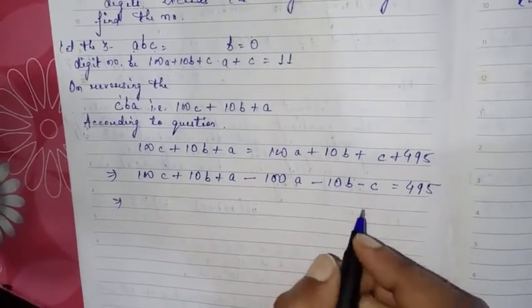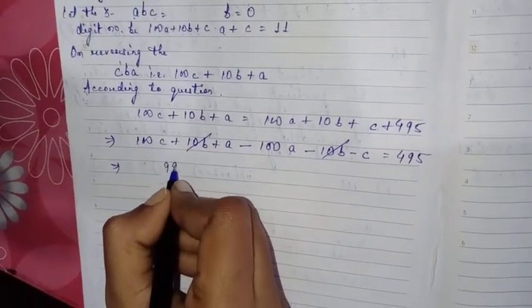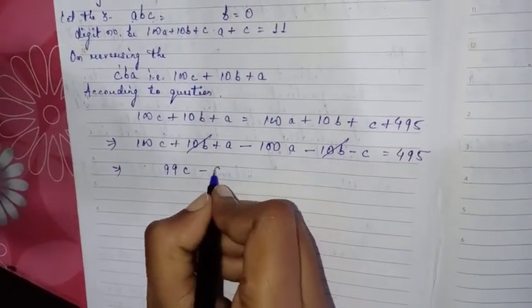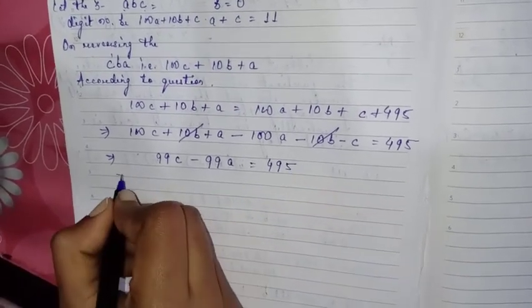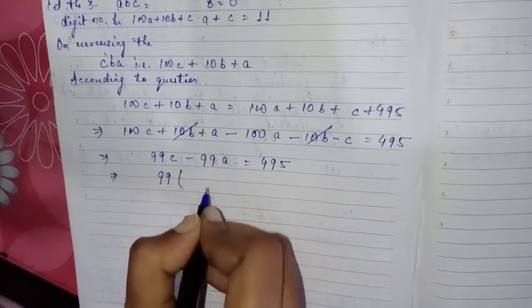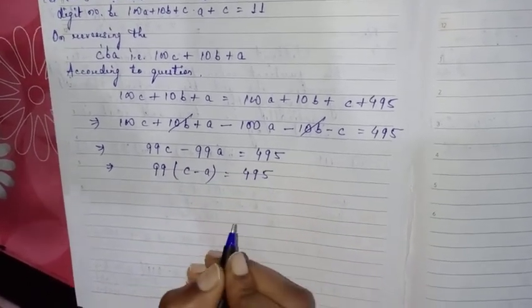So here minus 10B plus 10B cancel, 100C minus C is 99C, and minus 99A is equal to 495. Take 99 common, C minus A is equal to 495 by 99.